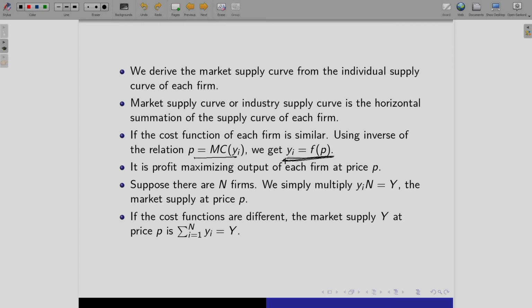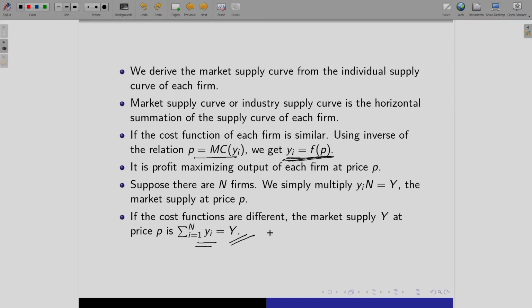Now this we get for each price if the marginal cost is above the minimum of the average variable cost. Now what we do, we sum this, so we get this, and this gives me the capital Y, the market supply at the price P.